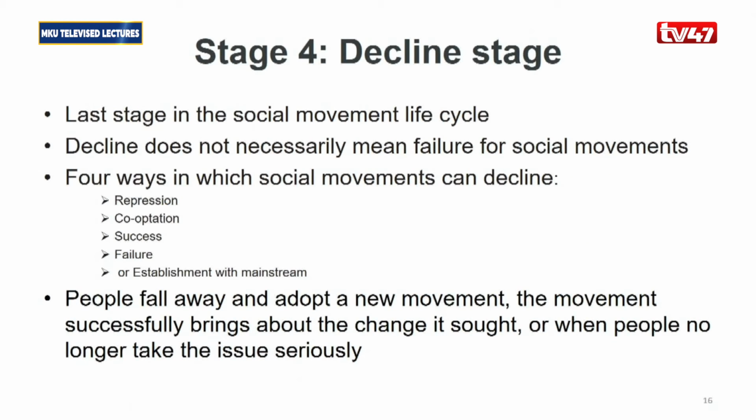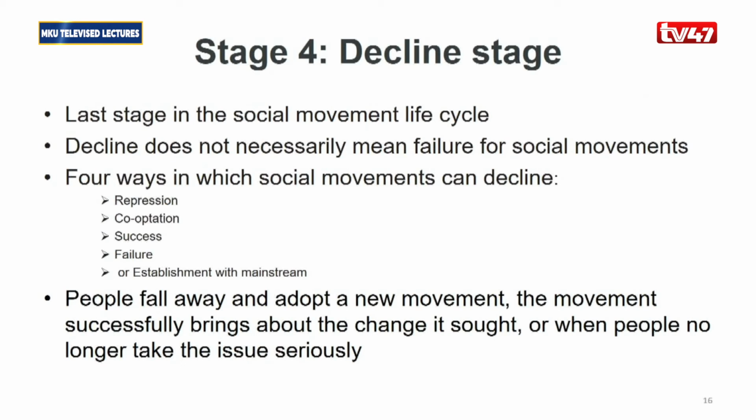When you talk about the decline stage, it is not that the social movement has failed. The word decline here means that the social movement is progressing to the next level. And it can progress to the next level either through repression, co-option, success, failure, or establishment with the mainstream.